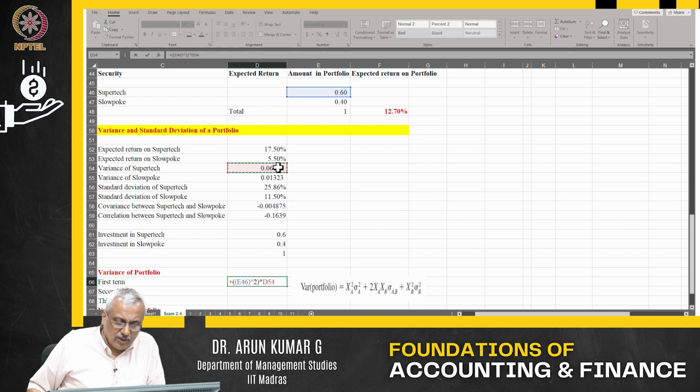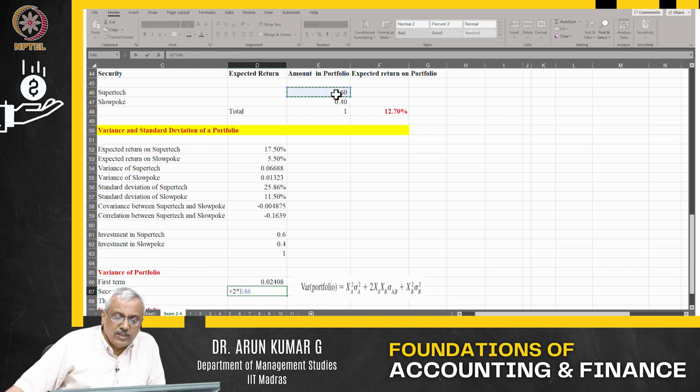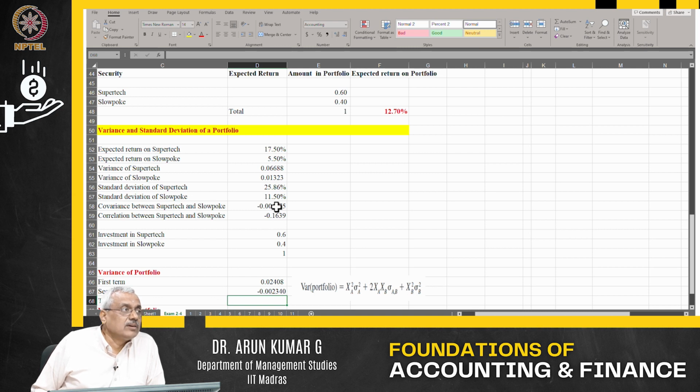That is the first term. What is the second term? The second term is 2 into 0.6 into 0.4, that is the weights of both, into the covariance of A and B. That is the second term.